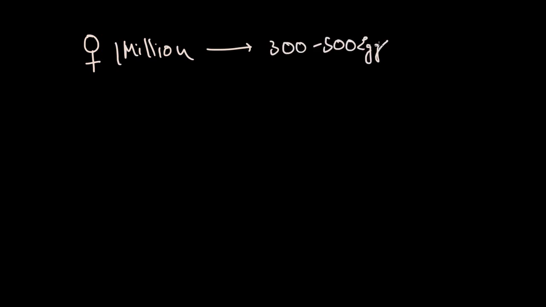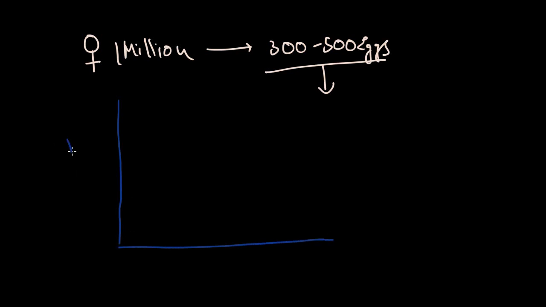Even though females are born with 1 million eggs, it's very unfortunate to see only 300 to 500 eggs are actually useful. All the rest of the eggs will be degenerating very quickly. The way it goes is, if you plot a graph over here, with the y-axis being total number of eggs and the x-axis the age.